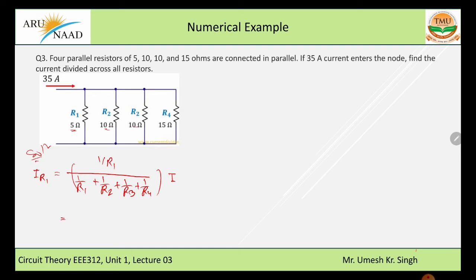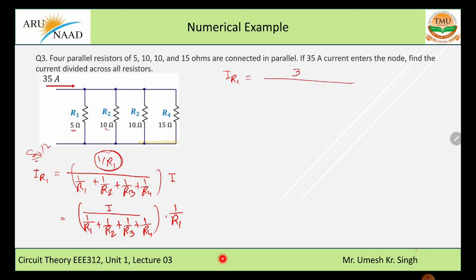Here just this parameter is changing, rest are constant, so we can write the denominator as 1 upon R1 plus R2 plus R3 plus R4, multiplied by the resistance for which we are calculating the current. Again, writing IR1, this can be written as total current 35, 1 upon 5 plus 1 upon 10 plus 1 upon 10 plus 1 upon 15 into 1 upon 5.